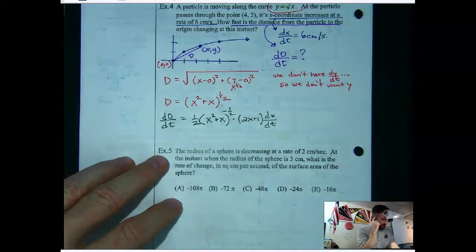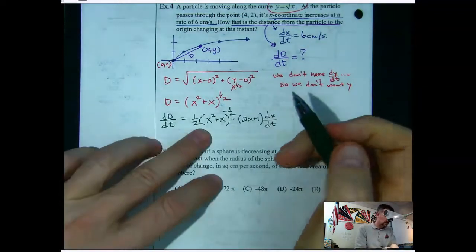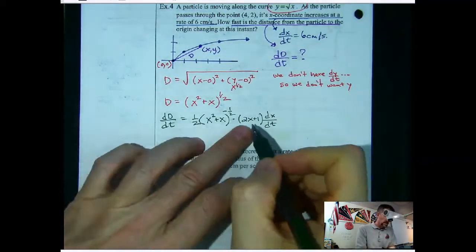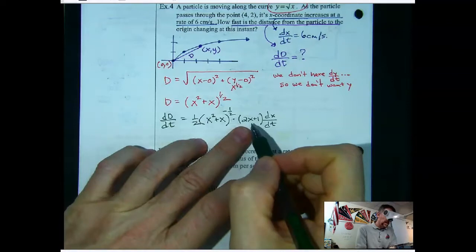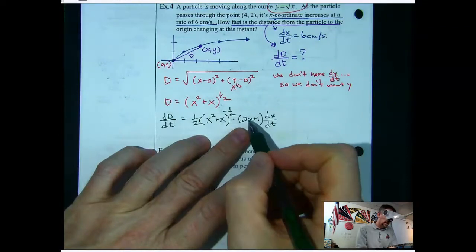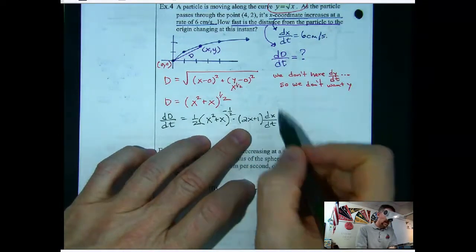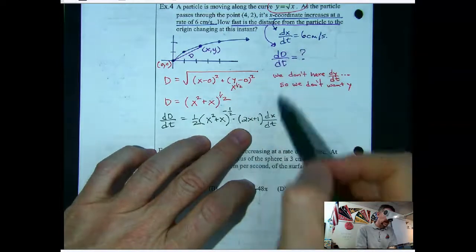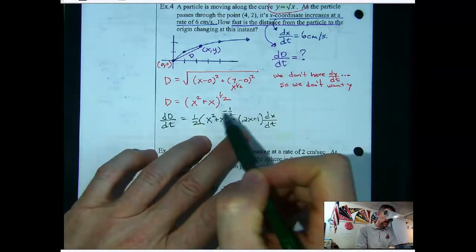Alright, so now x is, what do we want to do here? If we plug in 4 for x, oh wait, and dx/dt, we have that, that's 6. So dx/dt is 6. This is going to drop down.